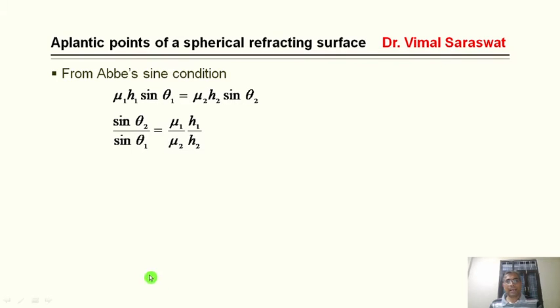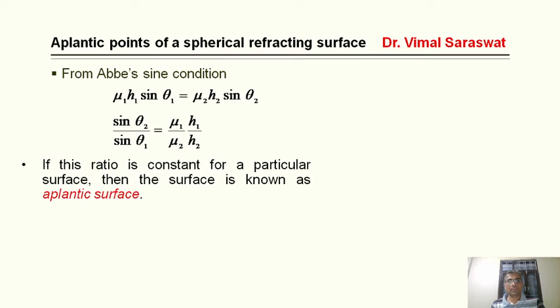So sin theta 2 upon sin theta 1 will be mu1 upon mu2 into h1 upon h2. This will be the value of sin theta 2 upon sin theta 1. If this ratio is constant for a particular surface, then the surface is known as an aplanatic surface.